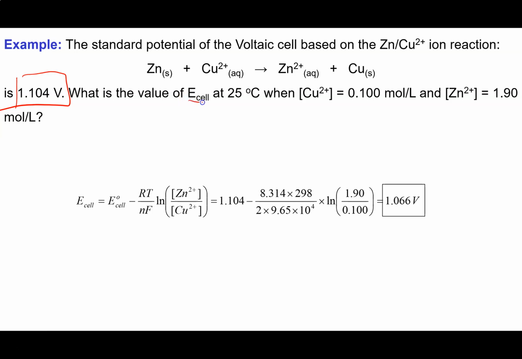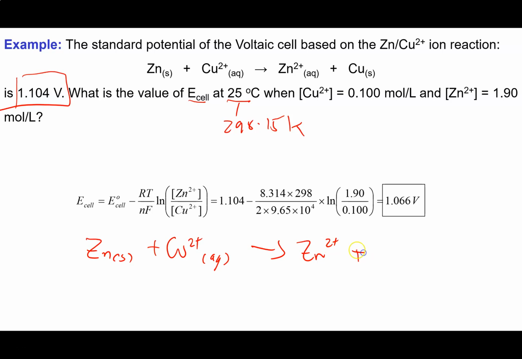What is the value of the cell potential at 25 degrees Celsius, or 298.15 K, when the copper 2+ ion concentration is 0.1 mole per liter and the zinc ion concentration is 1.9 mole per liter? So this is really describing a cell where we started at standard conditions and we consumed 90% of our reactants.